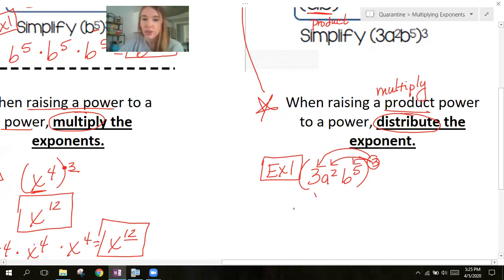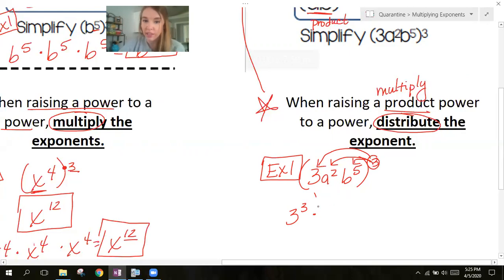Okay, so that's going to be 3 to the 3rd power, which I'm going to write down the steps before I actually simplify it. So that's 3 to the 3rd power times a squared to the 3rd power. Now remember from our last rule, if you have an exponent being taken to an exponent, what do you do?